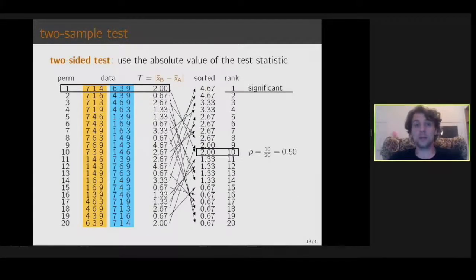Finally, we can also run a two-sided test where we use the absolute value of the test statistics, because in this way the most extreme negative values and the most extreme positive values are all becoming extreme positive values. So for this little data set, which is probably not very surprising, there's neither a significant effect of increase nor a significant effect of decrease. And this does not depend on whether we are running a one-sided or a two-sided permutation test.